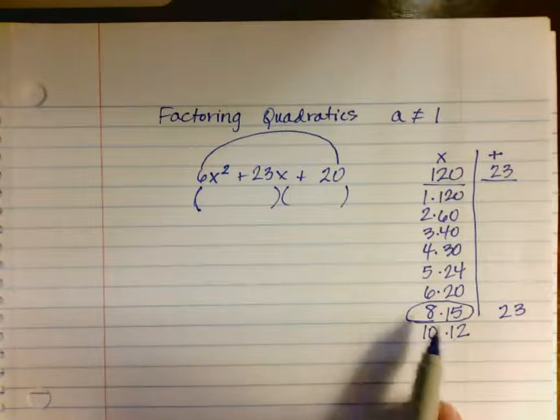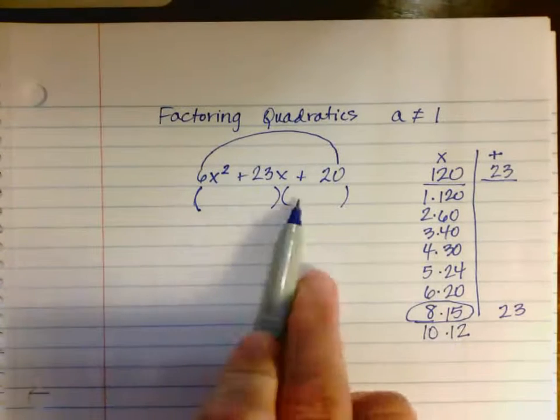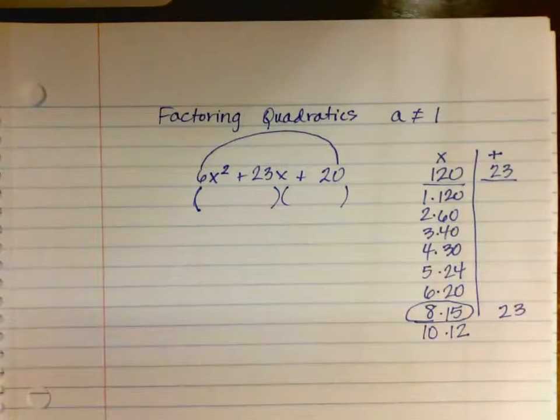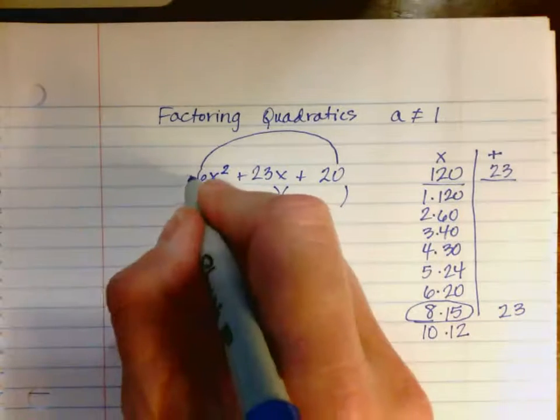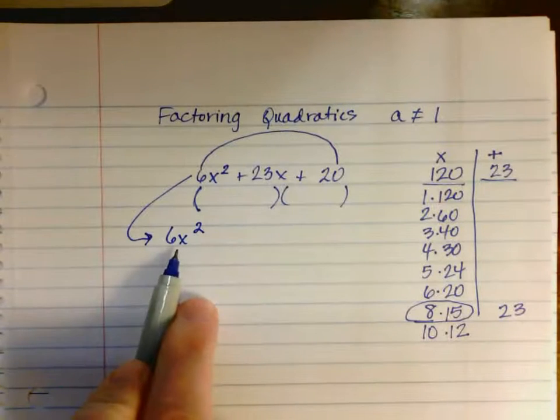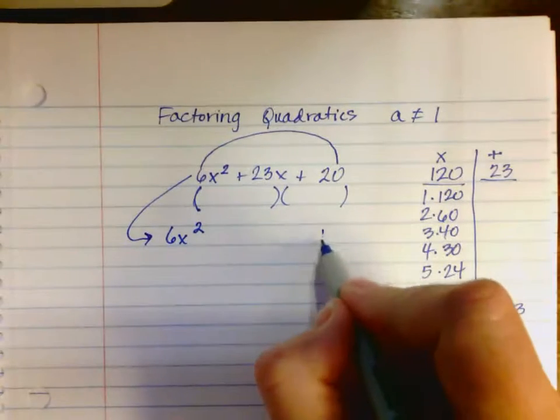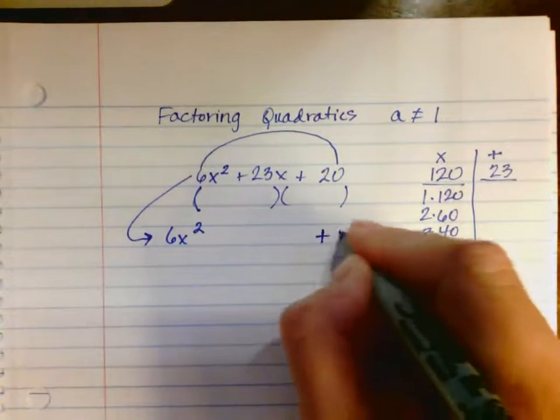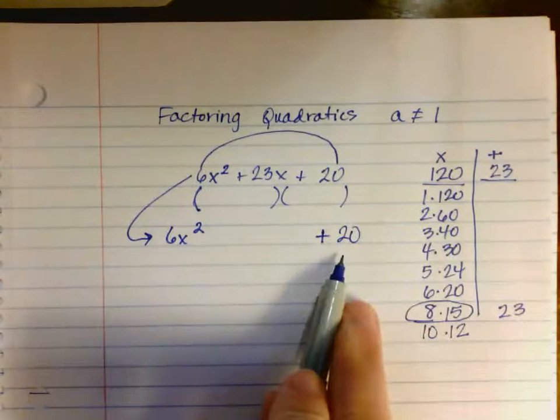Okay, now we're not going to put 8 and 15 in here. What we're going to do is rewrite the original. We're going to leave 6x squared there, and we're going to leave 20 at the end.